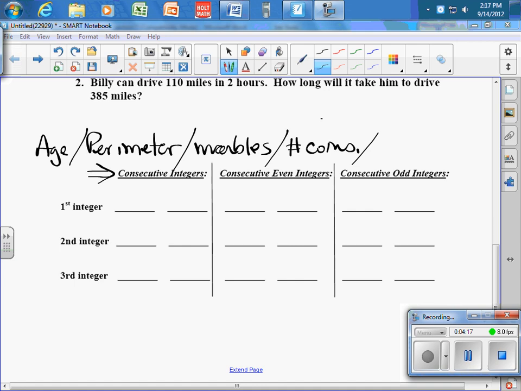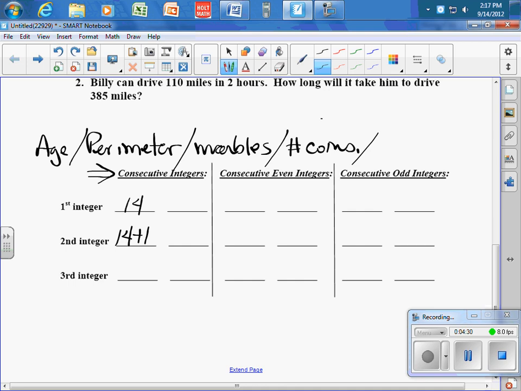Well, consecutive integers would be those integers that are in a row next to each other. For example, if one integer was 14, my second integer, how would I find that? By taking 14 and adding 1 to get 15, and 14 plus 2 to get 16. So my three integers would be 14, 15, and 16.